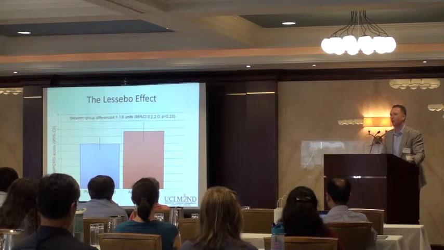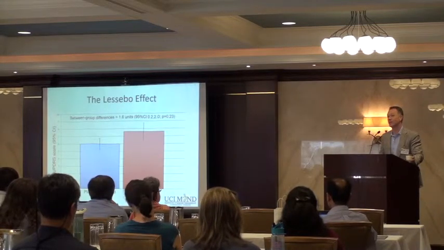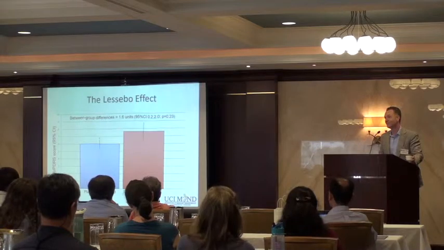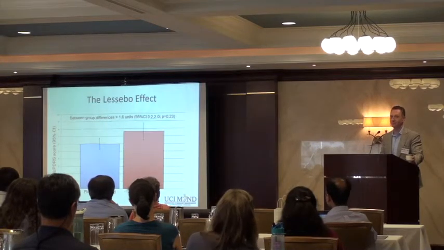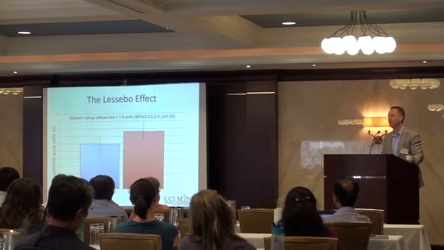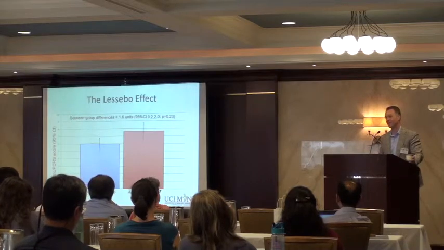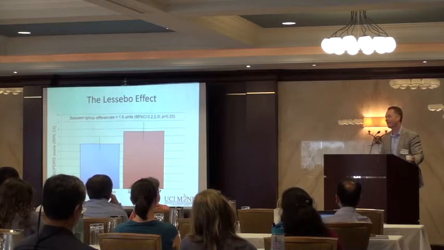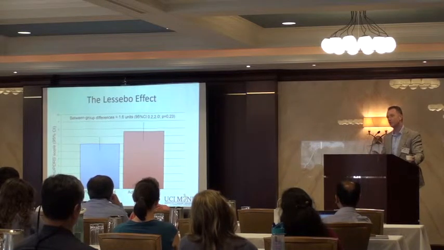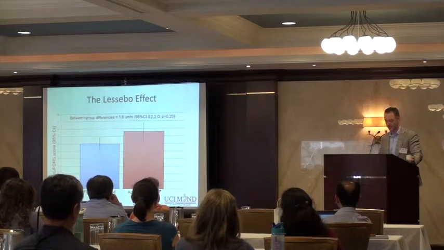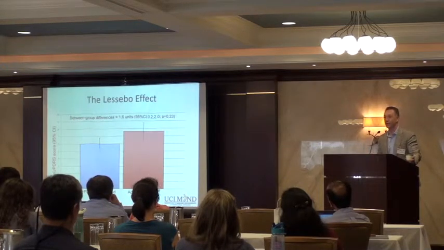In the blue bar are people who were in trials with a placebo arm, but they got active medication. And in the red bar, people who were in an active control study, but got the same category of medication, dopamine agonists. And what you can see is that those who were in an active controlled study compared to a placebo controlled study had a greater response on the UPDRS.